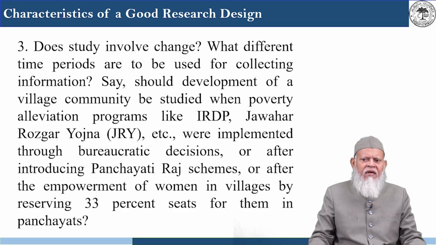Or if we are studying a poverty alleviation program like IRDP or Jawahar Rozgar Yojana, we have to choose a period, to see how its effectiveness has been since the implementation of the Panchayati Raj scheme, or through the empowerment of women in villages by reserving 33 percent, one third of seats for them in panchayats.